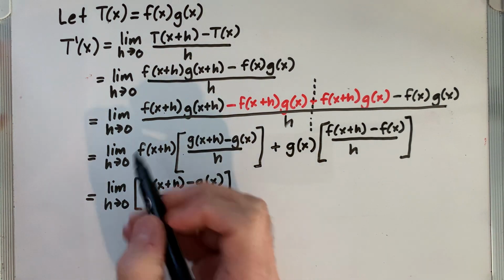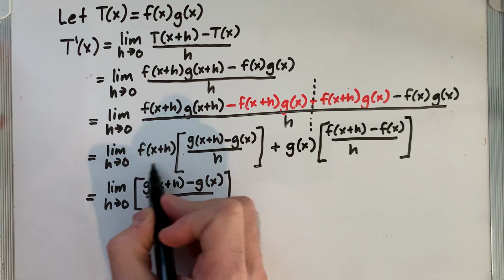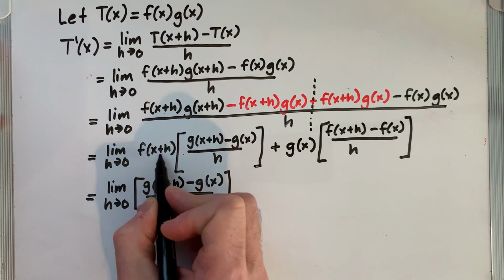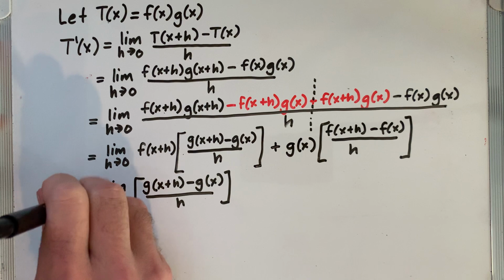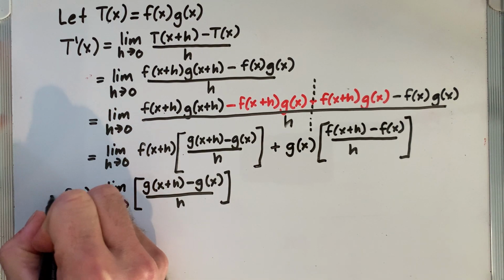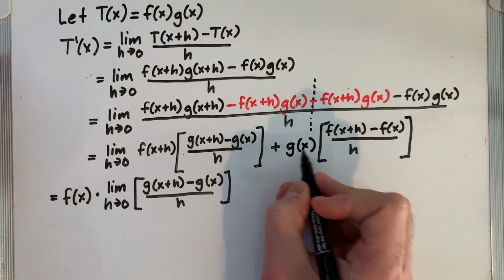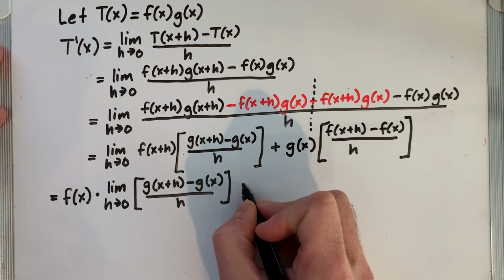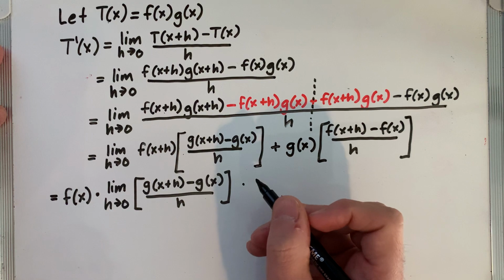And then the limit as h goes to 0 of f of x plus h, if I put 0 in there, that's just going to be f of x. So really what we have here is f of x times that. G of x as h goes to 0 is going to be just g of x, okay?